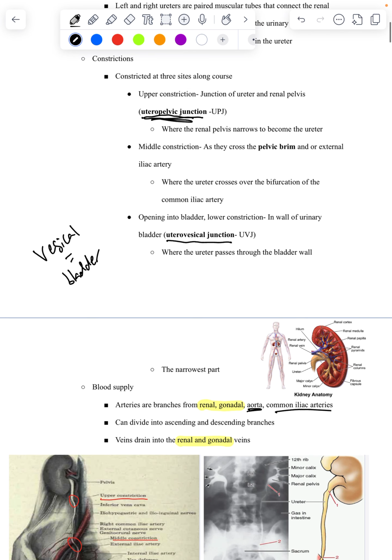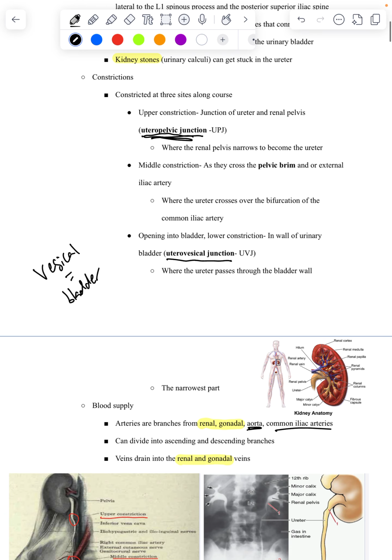The middle constriction is where the ureter crosses the bifurcation of the common iliac artery. So your aorta comes off your heart, so this is your heart, right atrium, right ventricle, left atrium, left ventricle.